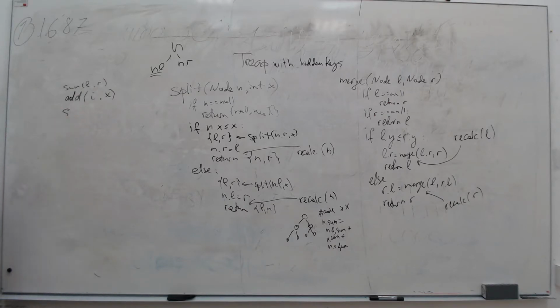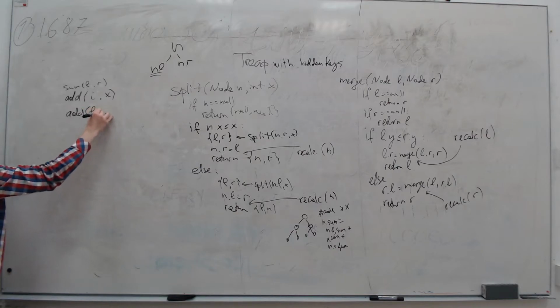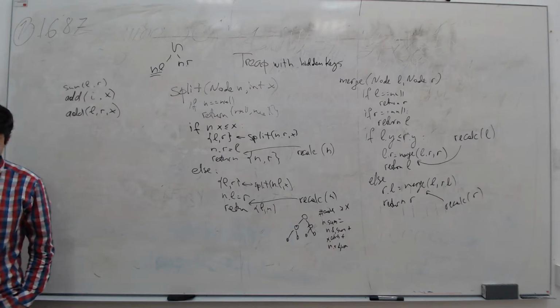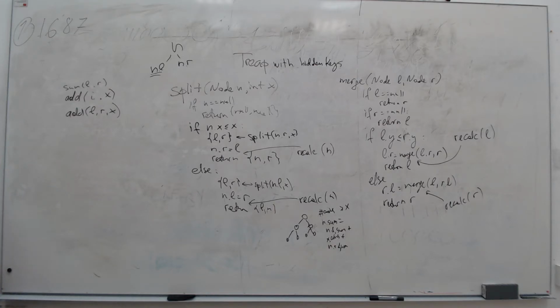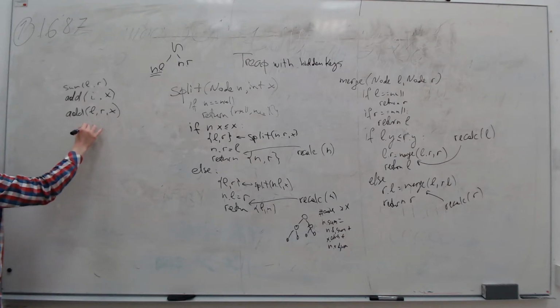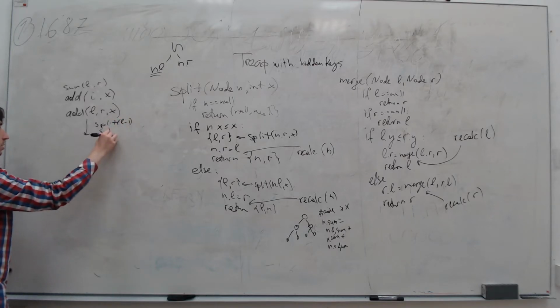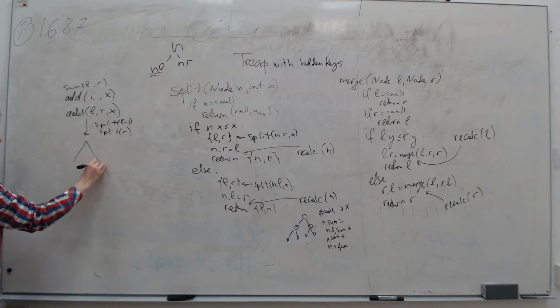So you want to add x to all the elements between L and R. First step would be split. Yeah, you split by L minus 1, split by R, and you have this middle tree.